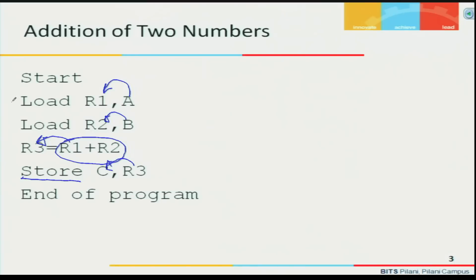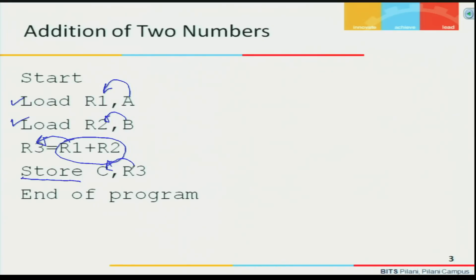So, here two load instructions are used: load R1 comma A, load R2 comma B. The values from two memory locations are loaded into the respective registers R1 and R2, and the contents of these two registers are supplied to the arithmetic and logical unit, and the arithmetic and logical unit performs the addition operation, and finally the result is stored into the memory location C. This is a simple program adding the contents of two memory locations.